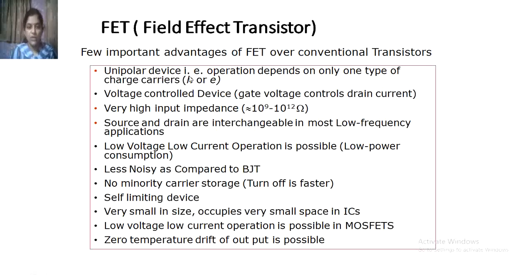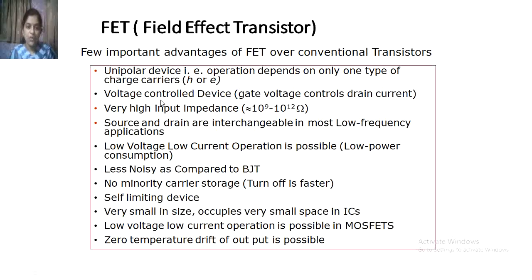It is a unipolar device, that is, its operation depends on only one type of charge carrier, either holes or electrons. At the start of the chapter we saw that FET is a unipolar device, because only one type of charge carrier, either holes or electrons, is responsible for the flow of current.